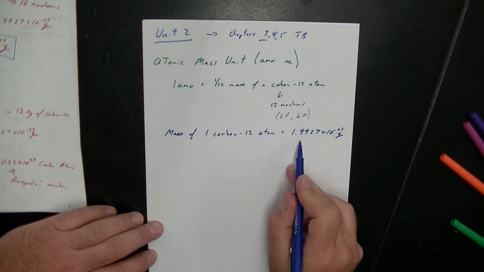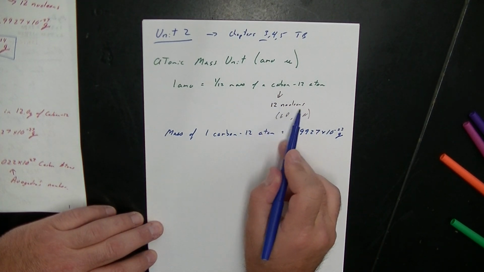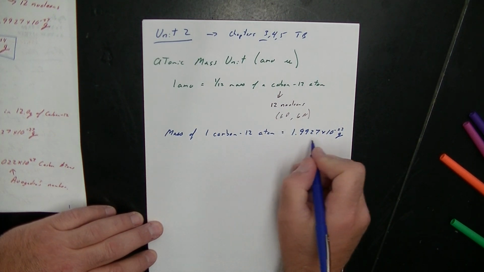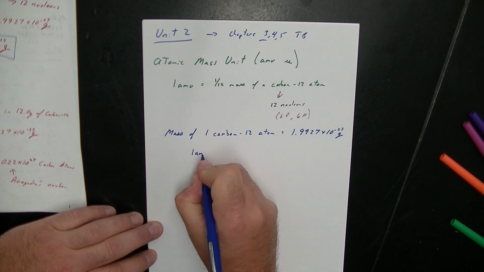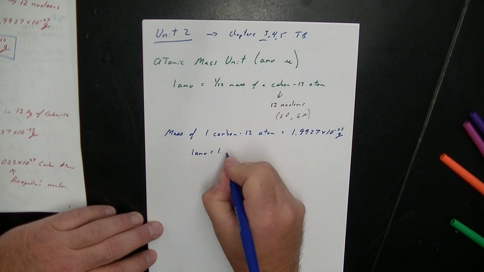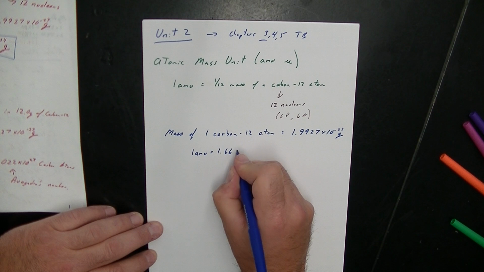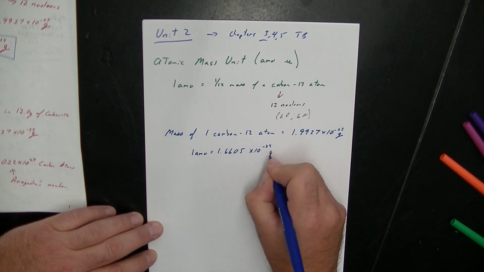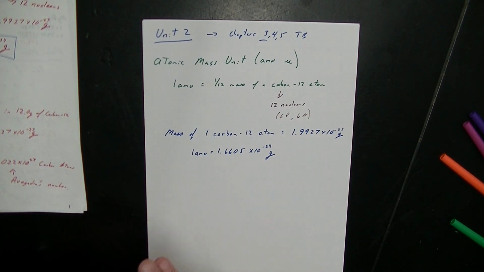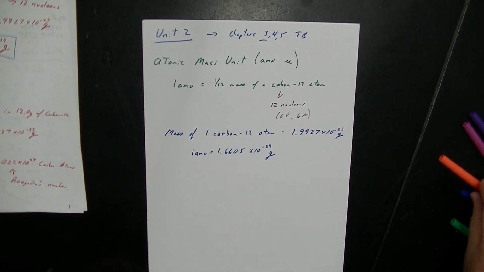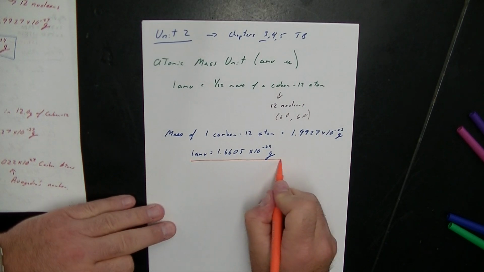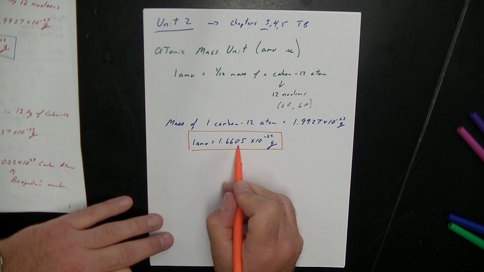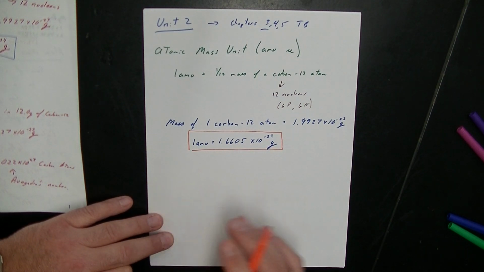So we take that and we divide it by 12 because there are 12 nucleons, and remember all the mass is in the nucleus. So it turns out that 1 AMU is equal to 1.6605 times 10 to the minus 24th grams. So this is a conversion you should probably know. One AMU is 1.6605 times 10 to the negative 24th grams.